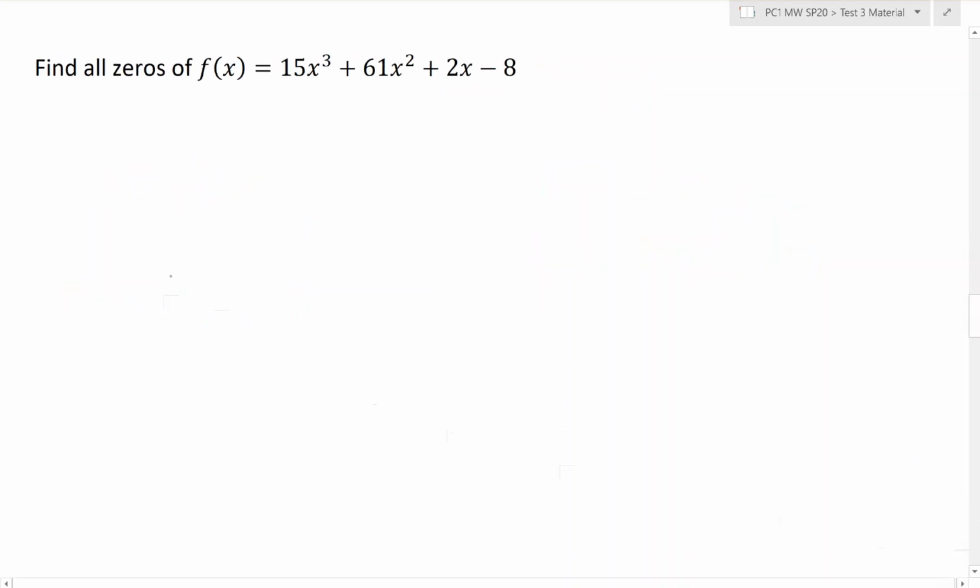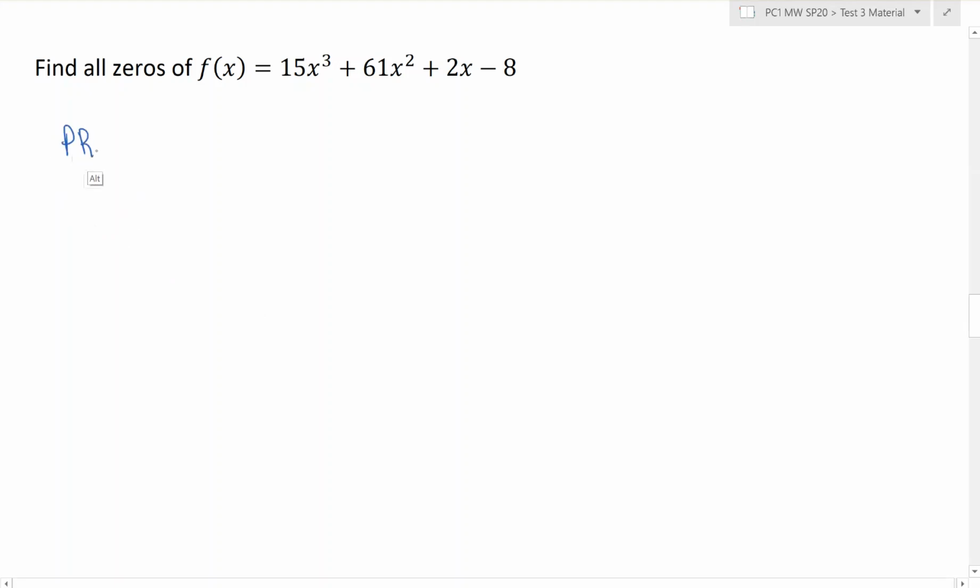All right, so this is the nature of your problems from this point on. They throw you a polynomial, say find the zeros. So there's no hint of what could be a zero. You have to come up with a list of possibilities. What are the things that you should try?